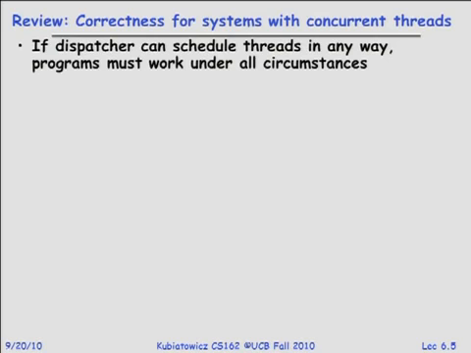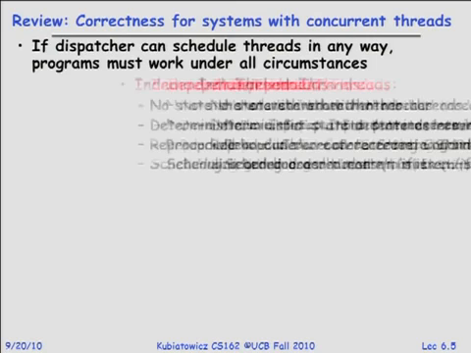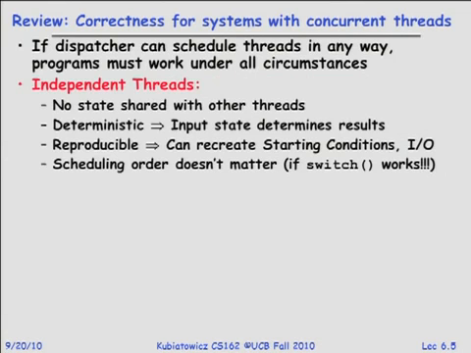And so that is the topic of today and the next couple of weeks. To start this discussion, we talked about an ideal: independent threads which have no shared state whatsoever between them. They're each doing their own thing.